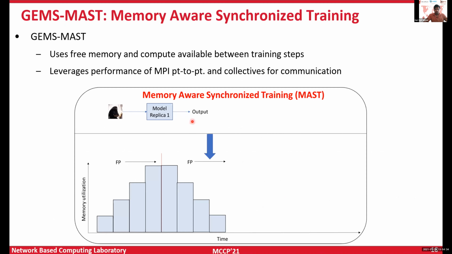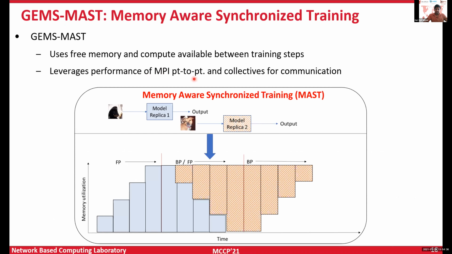We tried to use different kinds of efficient point-to-point as well as collective communication operations in MPI to make sure that we are able to fit in the compute in a more optimal way as opposed to how it was earlier. If you remember the earlier figure, these portions were not at all being used.